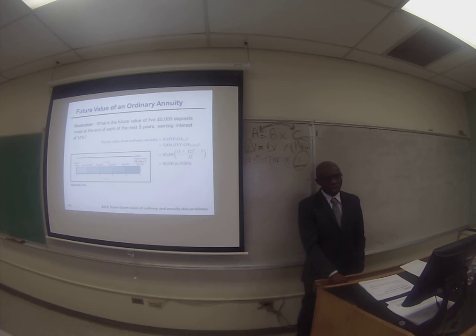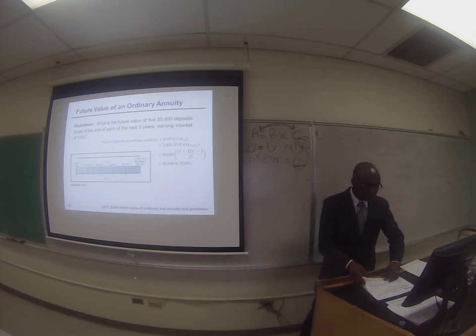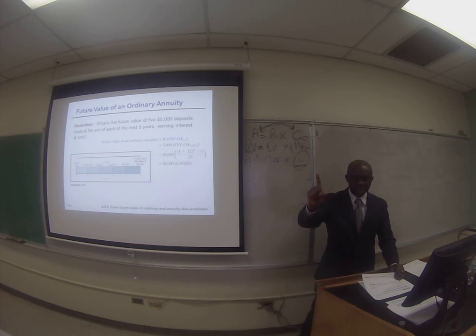What is the future value of $5,000 deposit made at the end of each of the next 5 years, earning interest of 12%? So what do we have here? The amount is what? 5,000, and we are talking about $5,000 every year for the next 5 years. So the amount is the same, 5,000.